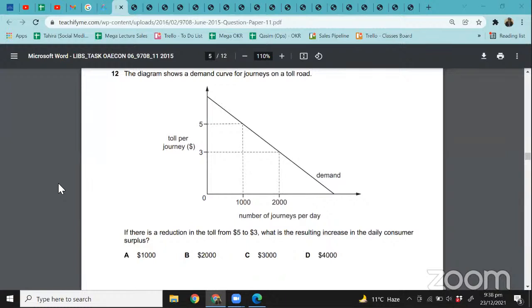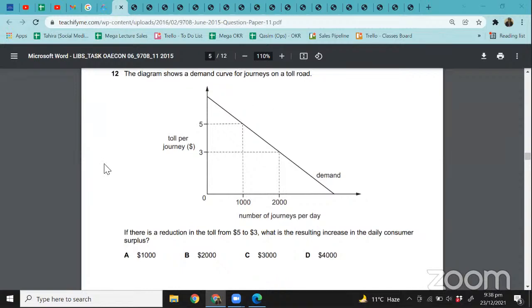How did you do it, Zwan? How did you do it? $5K minus $3K.